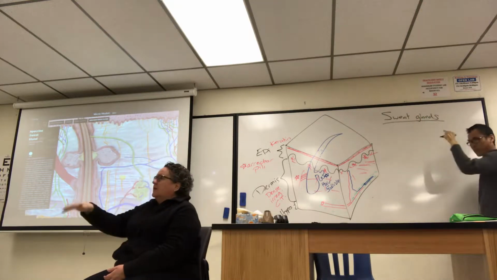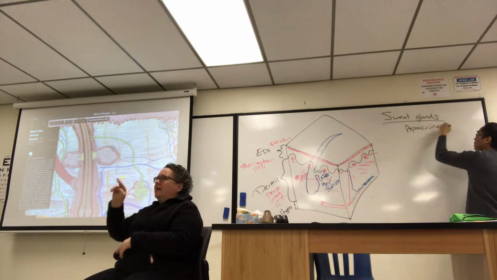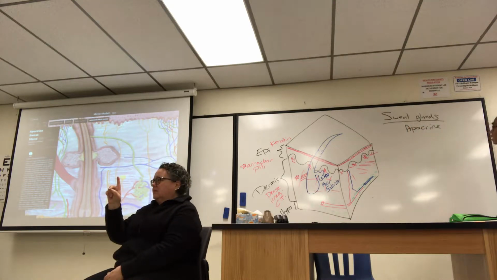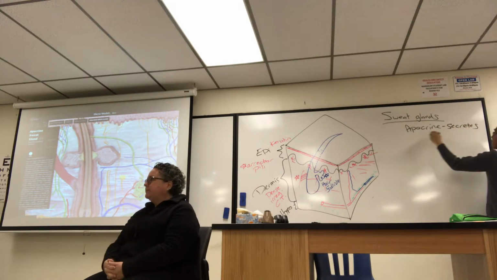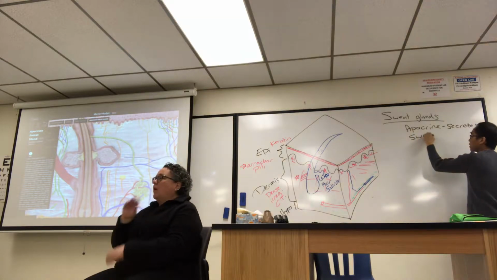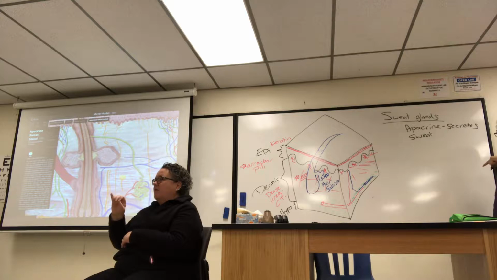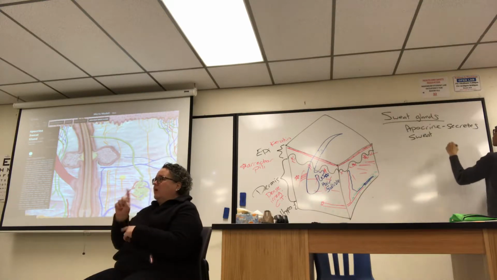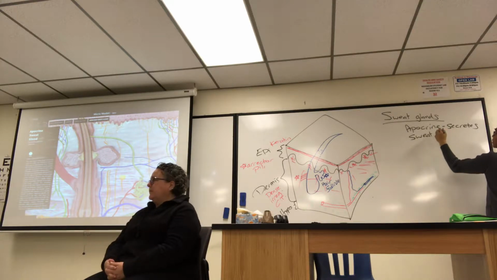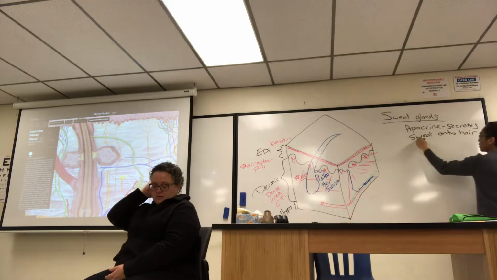So this is a kind of sweat gland, apocrine. Secretes sweat onto the hair follicle. So it's using the hair follicle to get the sweat to where it needs to go. Sweat on the hair follicle.